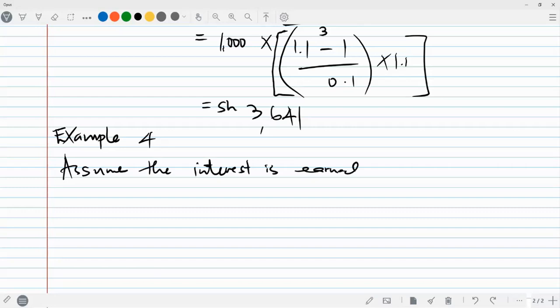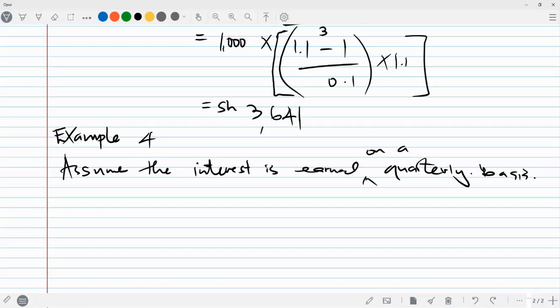Maybe you want to say quarterly. Assume that the interest is earned on a quarterly basis. So you earn the interest every quarter, so you don't have to wait until the end of the year to earn the interest.